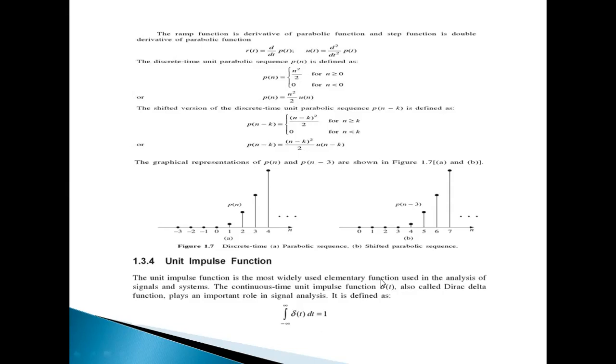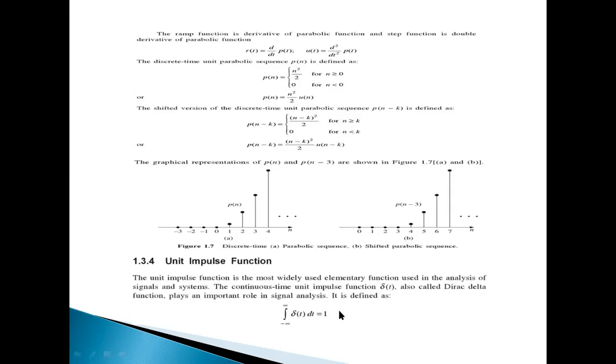You see here, that is delta of t. The continuous time unit impulse function delta of t, also called the Dirac delta function, plays an important role in signal analysis. It is defined in the functional representation as the integral from minus infinity to infinity of delta of t dt is equal to 1.